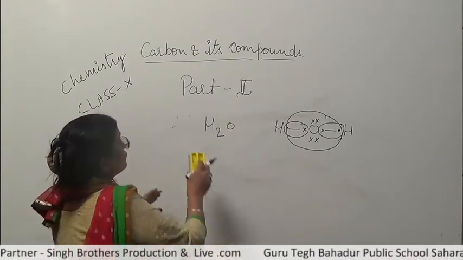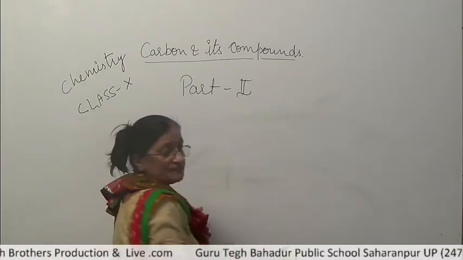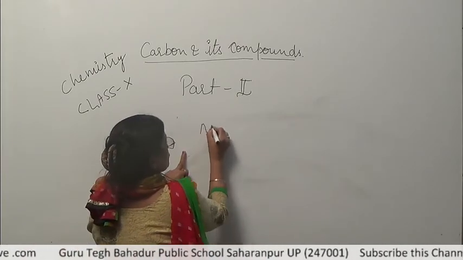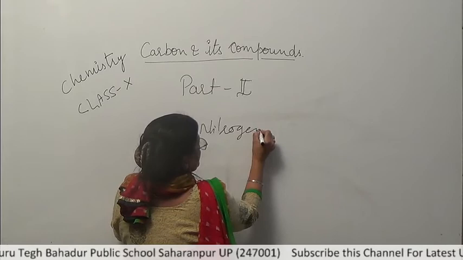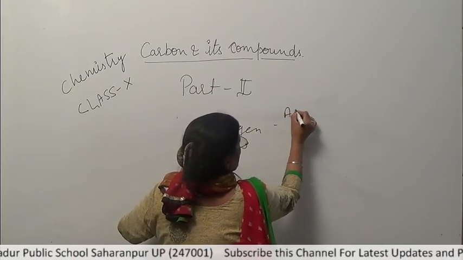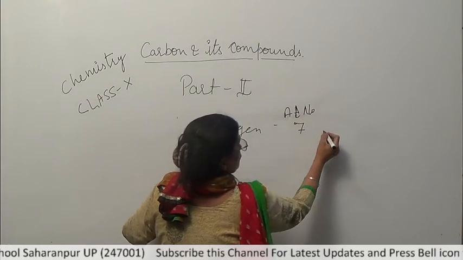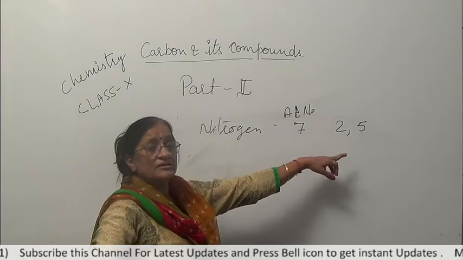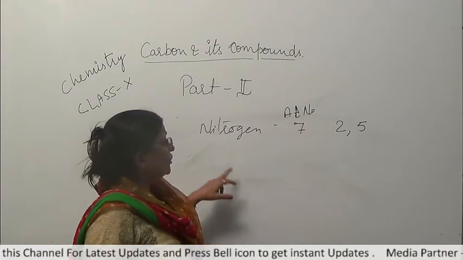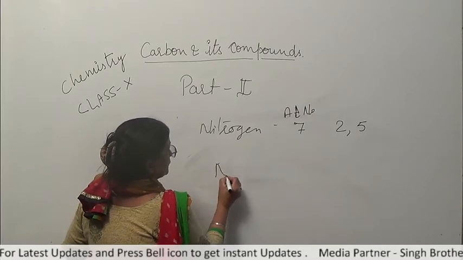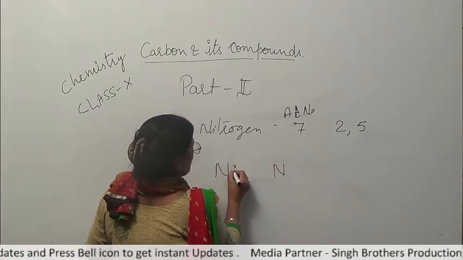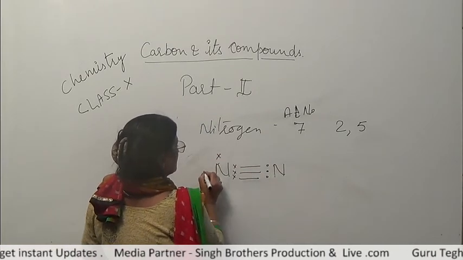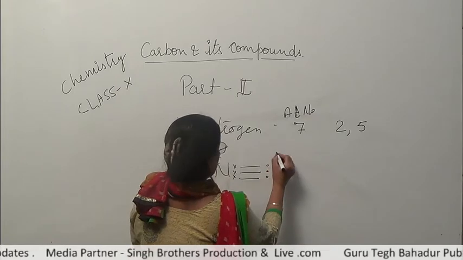In case of nitrogen, what happens? Nitrogen, as we know, has atomic number 7. So its electronic configuration is like that. It has 5 electrons in the outermost orbit. So in this case it has to share 3 electrons like that, 3 to 5.